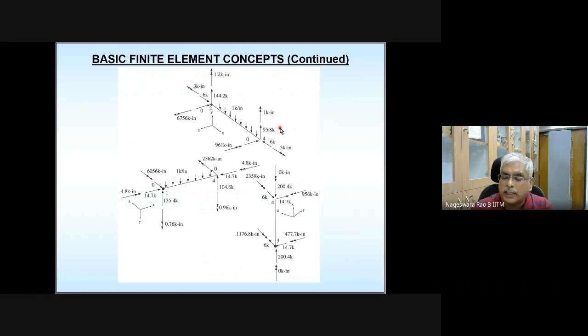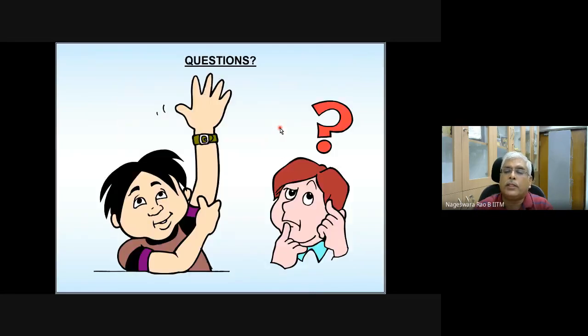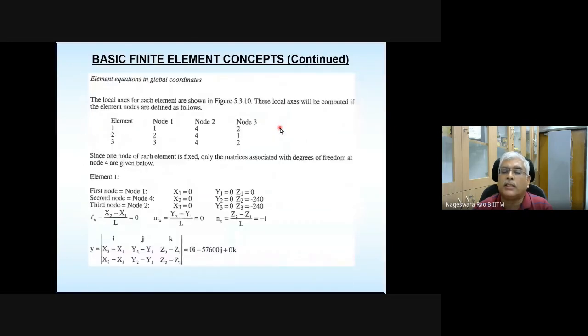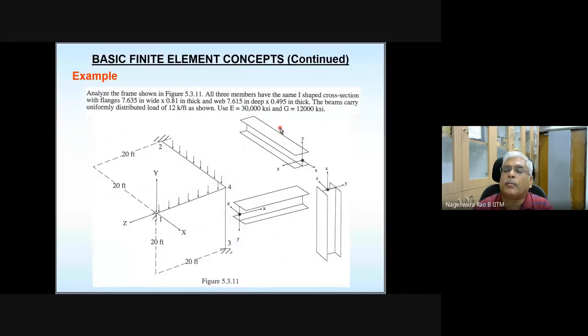So what I suggest is you spend some time on this, understand all this, or at least understand this problem clearly. And if there are any questions, you need to cross check all the calculations and get a feel for it.